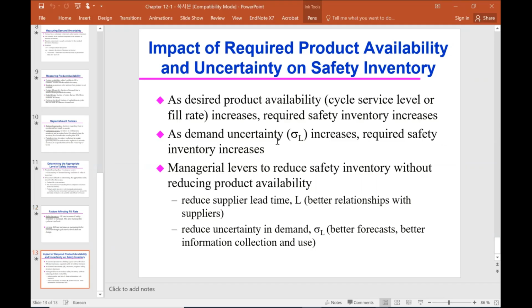And if your demand uncertainty is very high, you also require a lot of safety stock. So how can I maintain product availability but at the same time reduce the safety stock? Certainly there is some trade-off between safety stock and product availability.